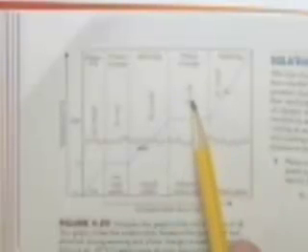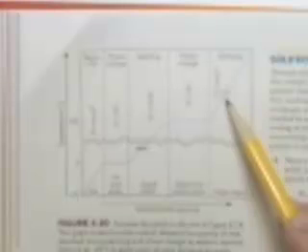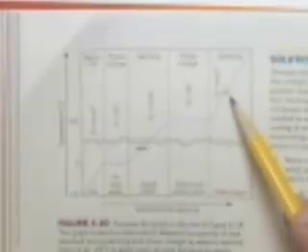Q equals mass times the latent heat of vaporization. And then finally, once it turns to a gas, we'll go back to the Q equals mCΔT formula, because now it is again changing its temperature. All right, so let's write down all these formulas.